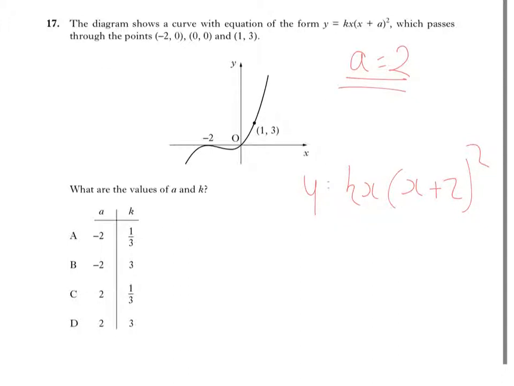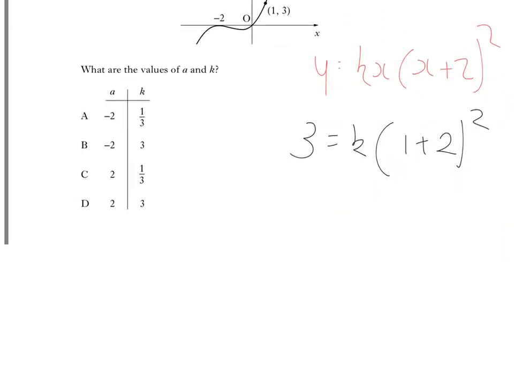Now what I'm going to do next is use the other point in the question, which is (1, 3). So when x is equal to 1, y is equal to 3, and I'm going to sub that in. So 3 equals k times 1, which is k, times (1 plus 2) all squared.